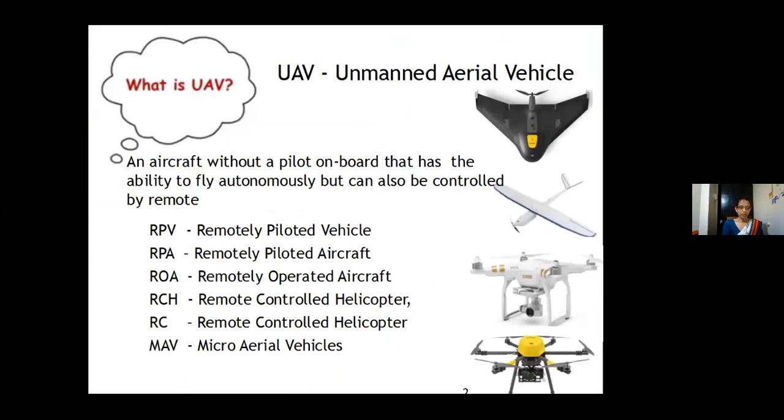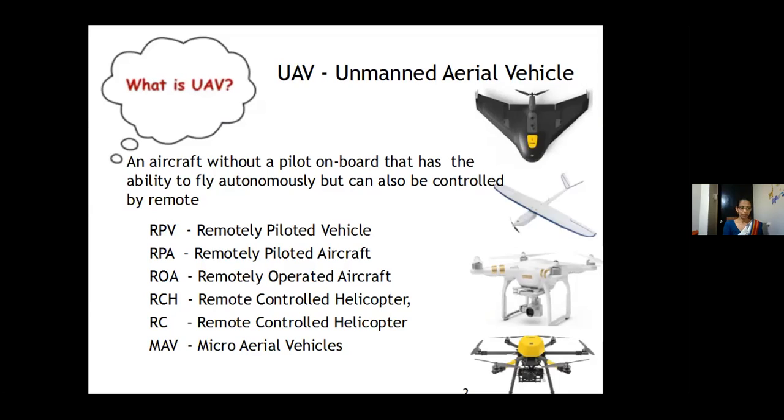Okay, so let me start with the definition. UAV is an unmanned aerial vehicle. The term UAV is commonly referred to as a drone, as you all know. It can be defined as a generic aircraft designed to operate with no human pilot on board.